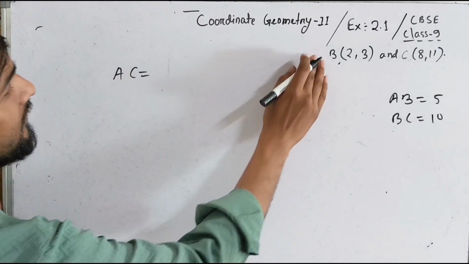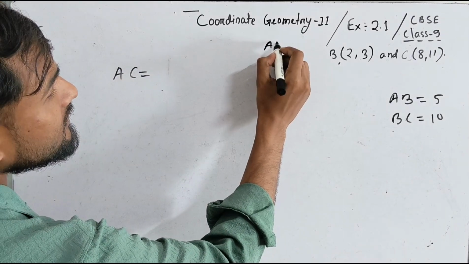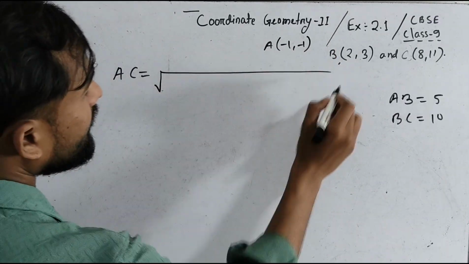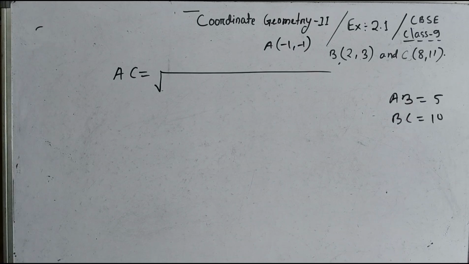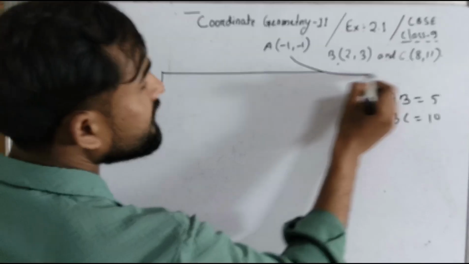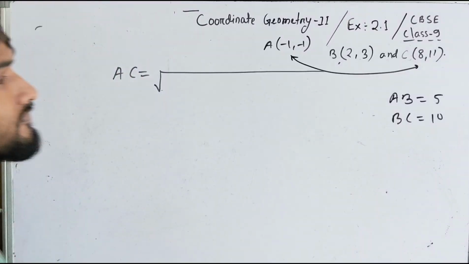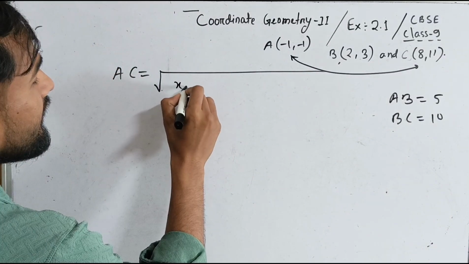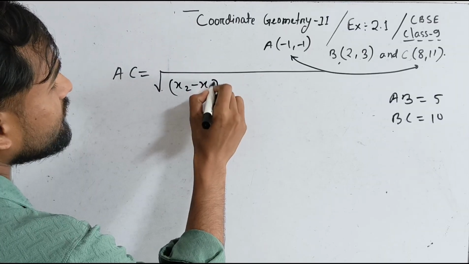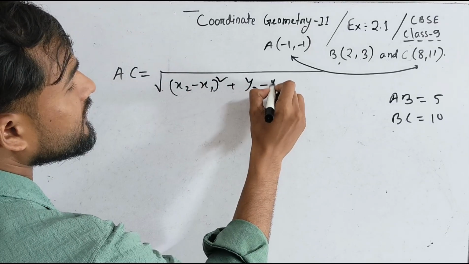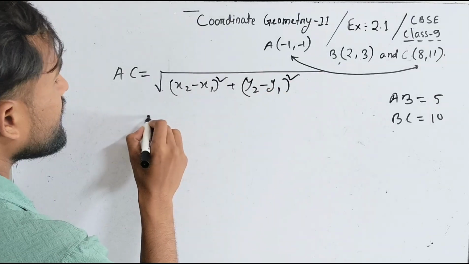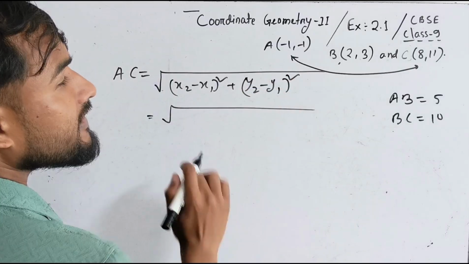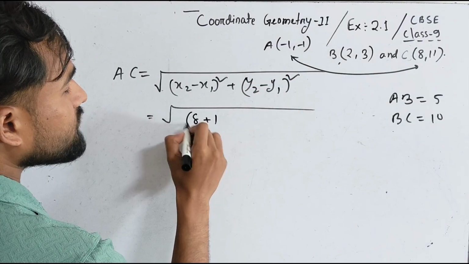AC equal to, the point A was -1, -1. X2 minus X1, A and C. We have to find this distance between these 2 points A and C. X2 minus X1 whole square plus Y2 minus Y1 whole square. 8 minus minus 1 will be 8 plus 1.